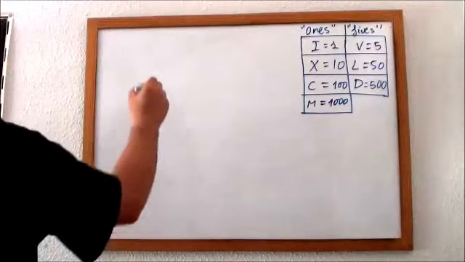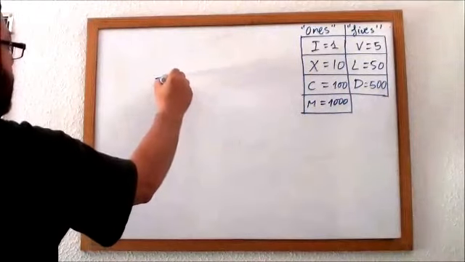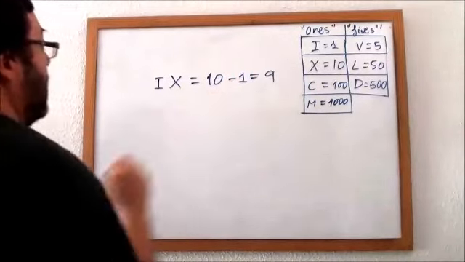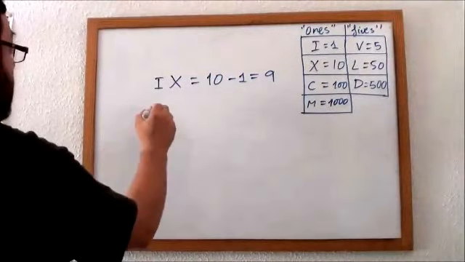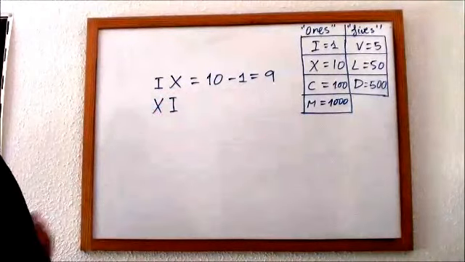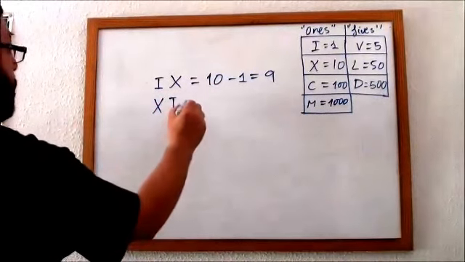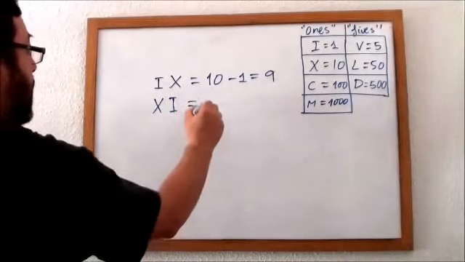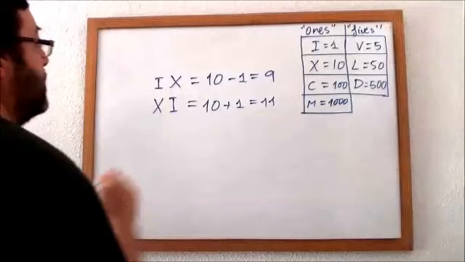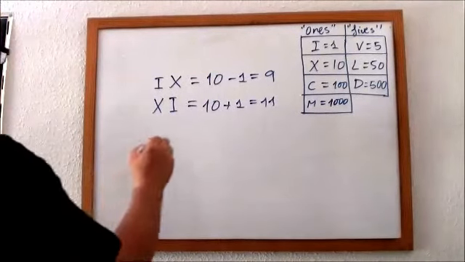So, a smaller value letter on the left of a bigger value letter, subtract. I X, 10 minus 1, that's 9. But a smaller value letter on the right of a bigger value letter, add. X I, 10 plus 1, 11.